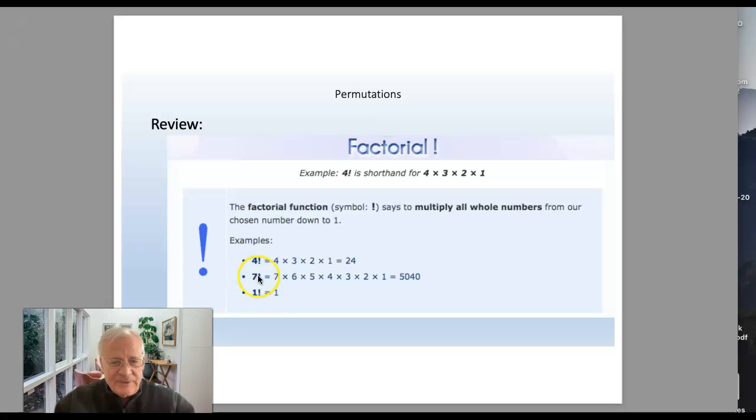So look at the example of 7 factorial. It's 7 times 6 times 5 times 4 times 3 times 2 times 1, okay? 1 factorial is 1, and 0 factorial is 1. 0 factorial is not 0, it's 1, okay?